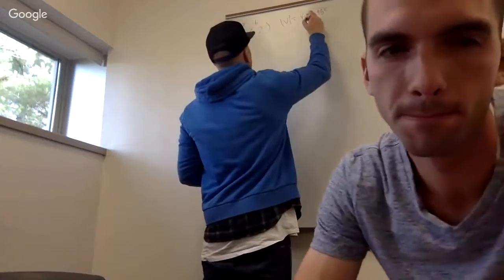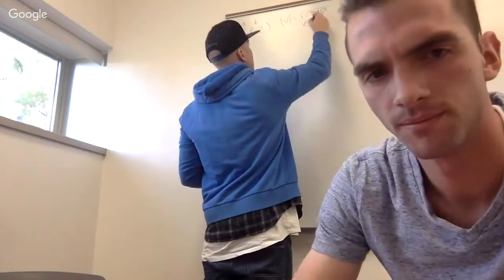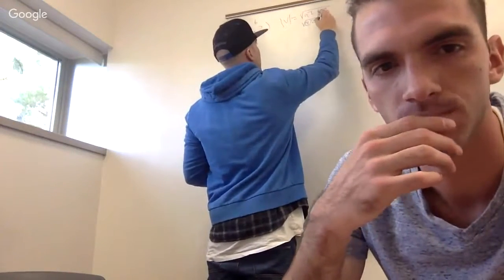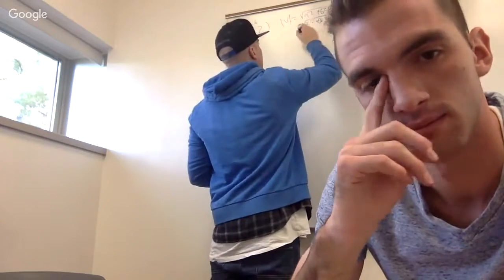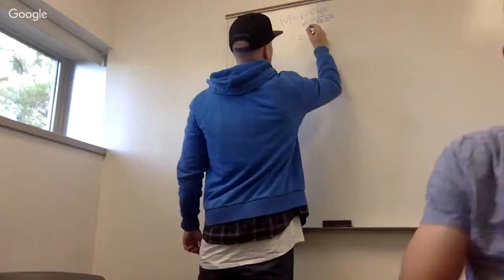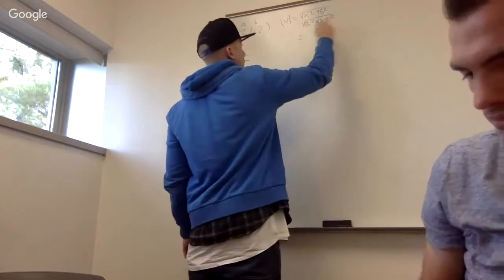We got the square root of 3 squared plus 6.2 squared. That's 47.44, I think, all under the square root.